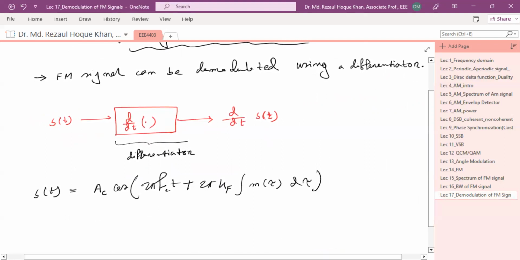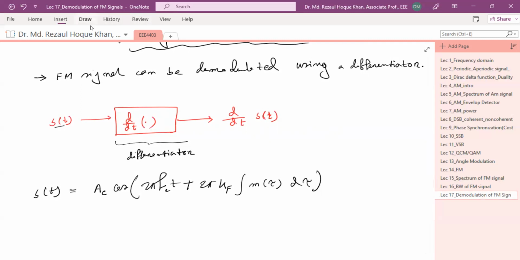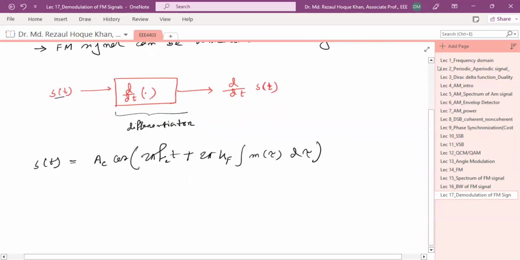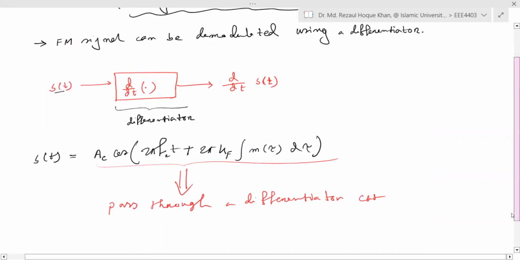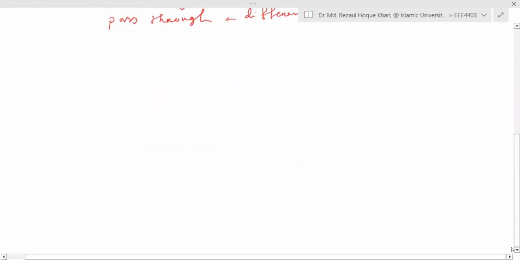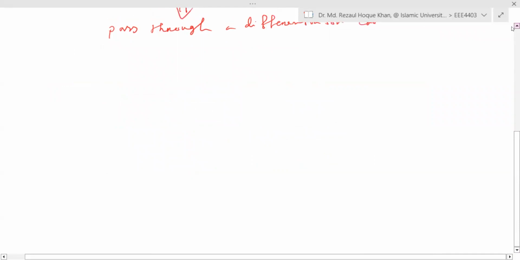So what we have to do is transmit this signal through a differentiator circuit. If you pass this signal through a differentiator circuit, what will happen?